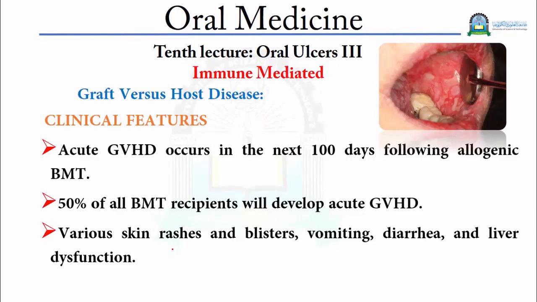Various skin rashes and blisters, vomiting, diarrhea, and liver dysfunction can also be found in patients with graft-versus-host disease.